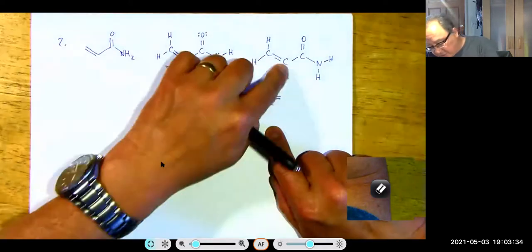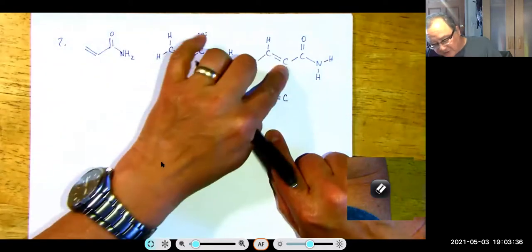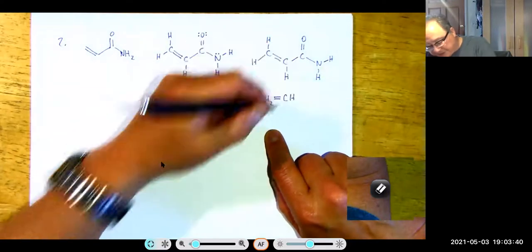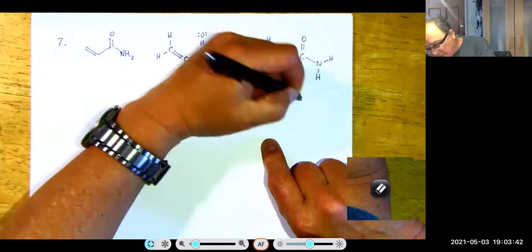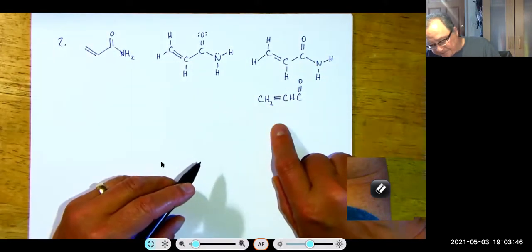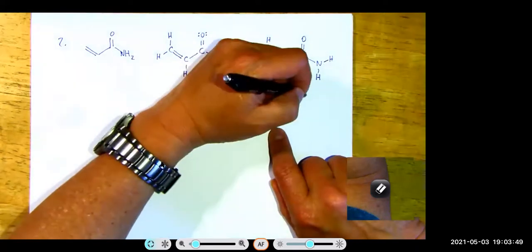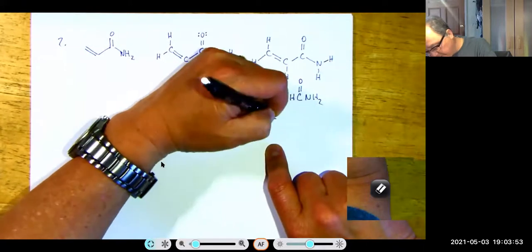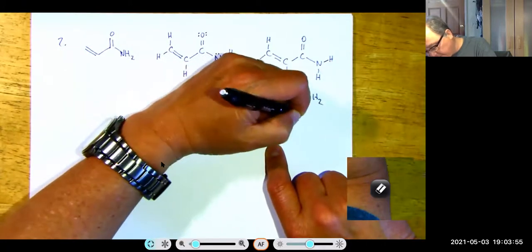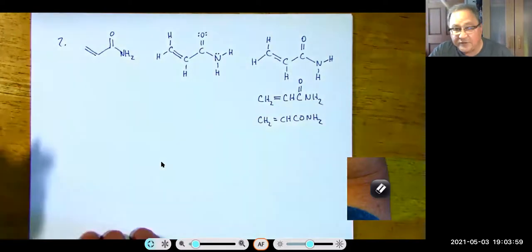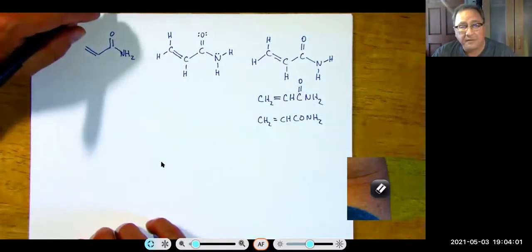And then we show the next central atom and its terminals, the next central atom. And this one, I like to actually show the double bond like that. However, this is acceptable. These are both condensed formulas for that particular problem.